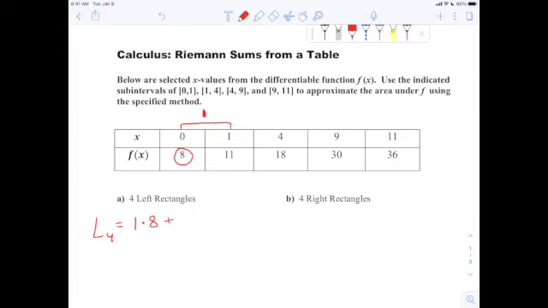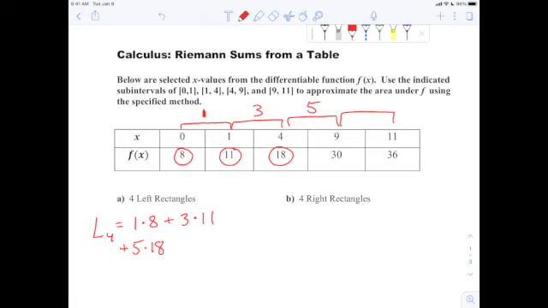Plus the next interval from 1 to 4 would have a base of 3. Your delta x is 3 multiplied by your height, which would be given by the left y value of the interval, which is 11, plus the next interval, which has a base of 5, multiplied by that left y value of 18.